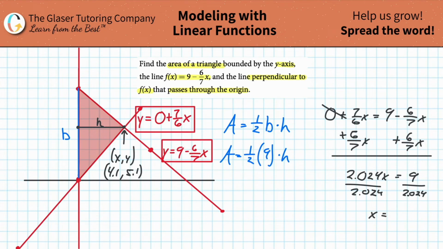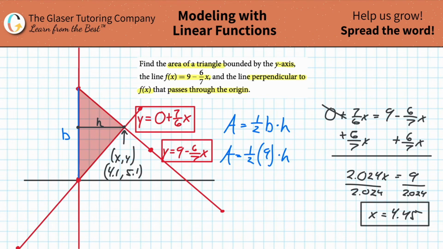In other words, I'm going to take 9 and divide it by the second answer, so that I divide by that exact number, 2.023809 and so on. And I'm going to answer it as a decimal. So this works out to be 4.45 or so. So that's now the x value.